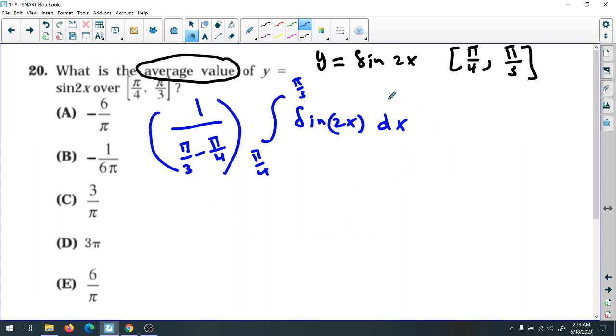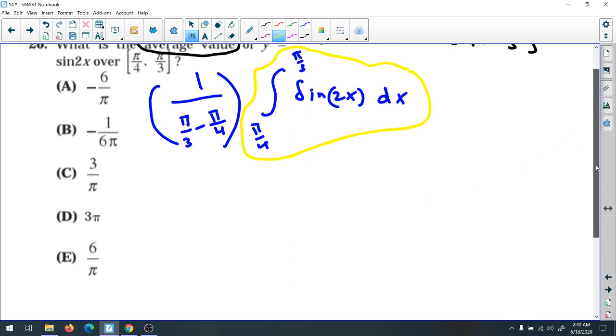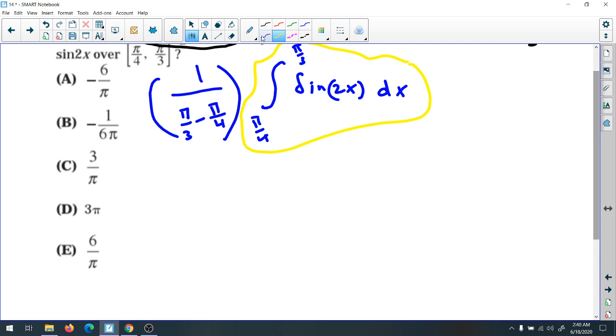So we want to evaluate first. We will evaluate this integral first. Let's do it. You could do it right away, or you could use the substitution method. I'll go step by step with you. We're going to substitute for 2x, so u equals 2x.